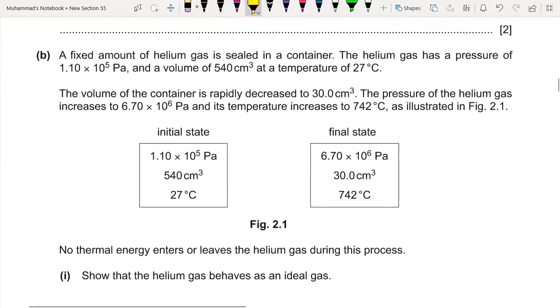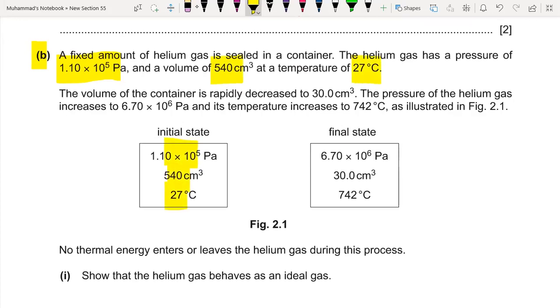Here is the second question. A fixed amount of helium gas is sealed in a container. The helium gas has a pressure of 1.10 times 10 to the power 5 Pascal, and volume is 540 centimeter cube at a temperature of 27 degrees centigrade.